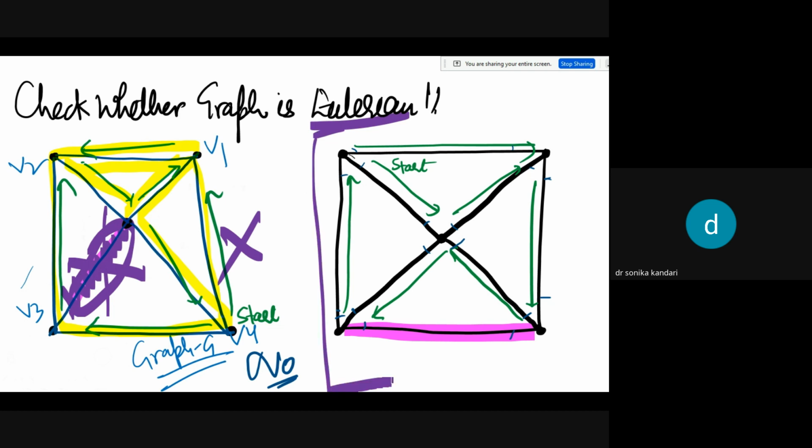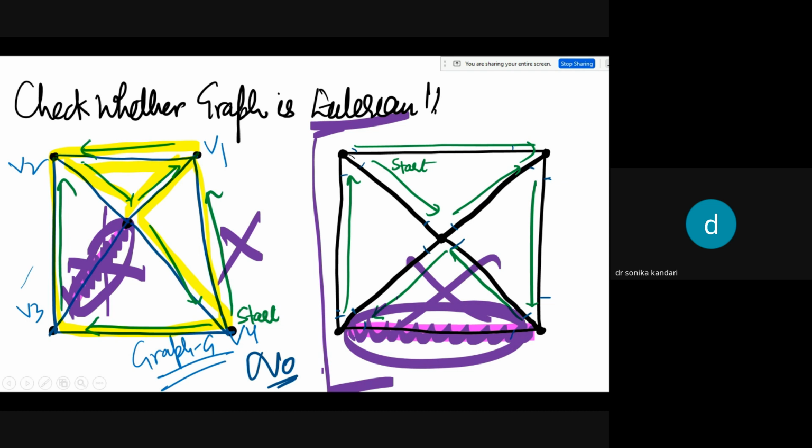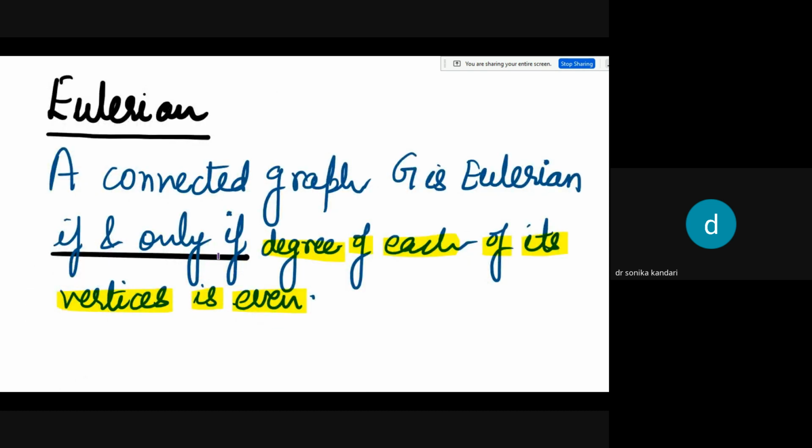See the right hand side graph. Here I was able to cover the edges shown with the green arrows, but I was unable to cover this edge. So this graph is again not Eulerian. And how can you identify whether a graph is Eulerian or not?